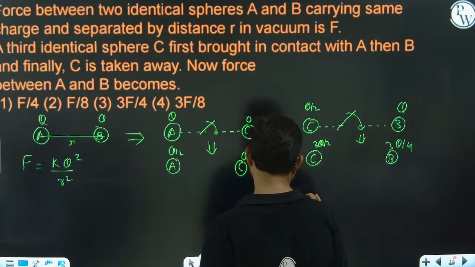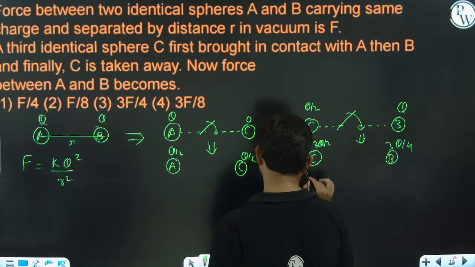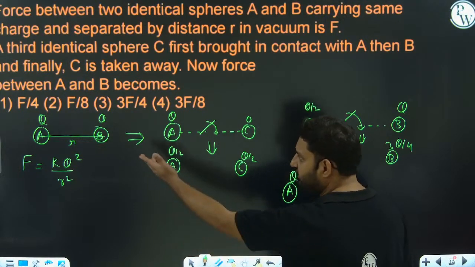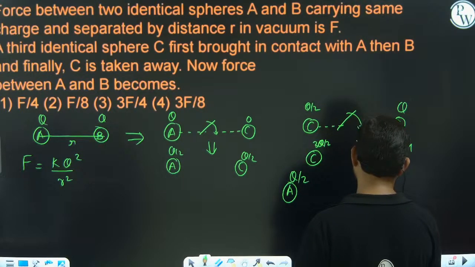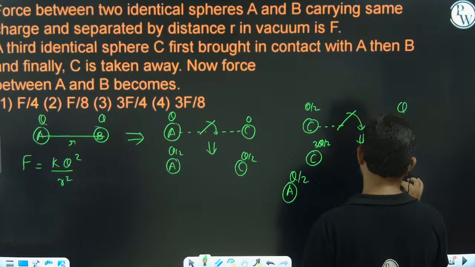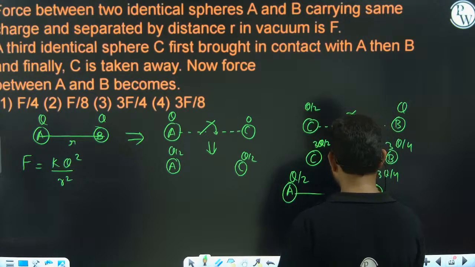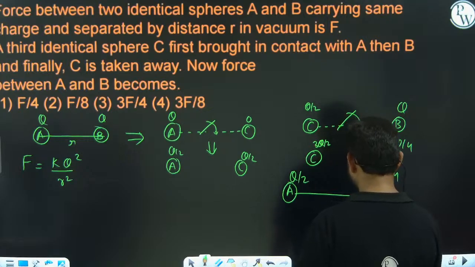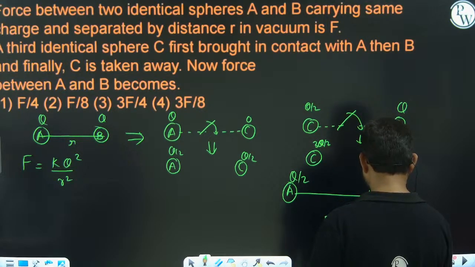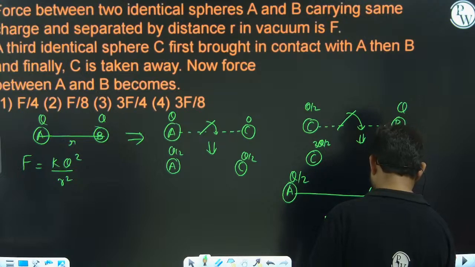We will get that A has the charge Q by 2. Sorry, Q by 2. And B has the charge 3Q by 4. So net force F dash will be K into Q by 2 multiplied by 3Q by 4 divided by R square only.